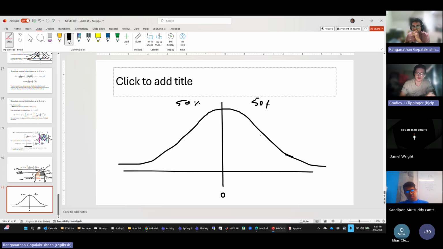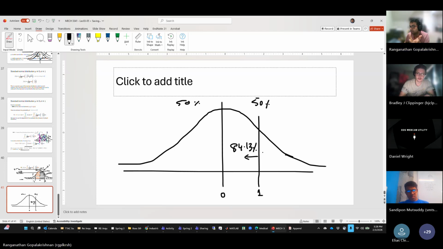That's where the 0.5 comes from. And x equals 1, that table told us to the left of this x equals 1 is 84.13% of the probability or area or data. So if to the left of this line is all 84%, to the left of this line is 50%, then what's in between them should be 34.13%.